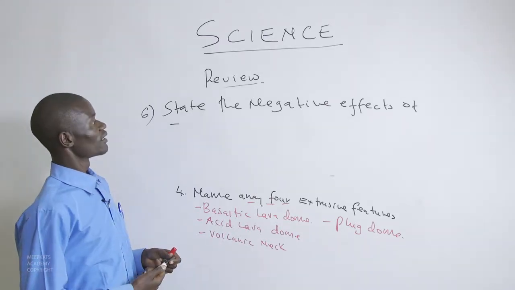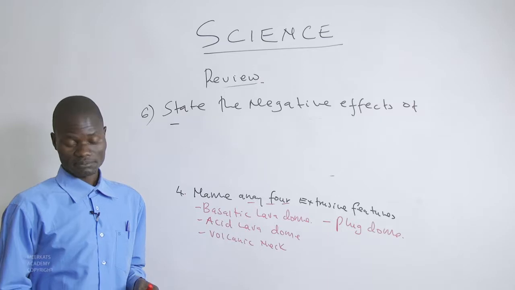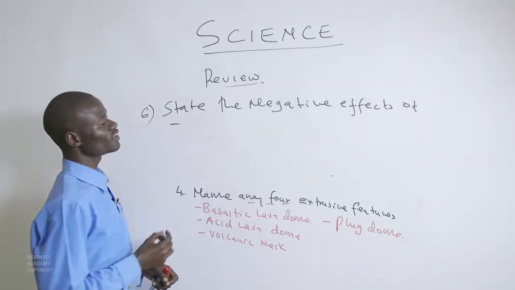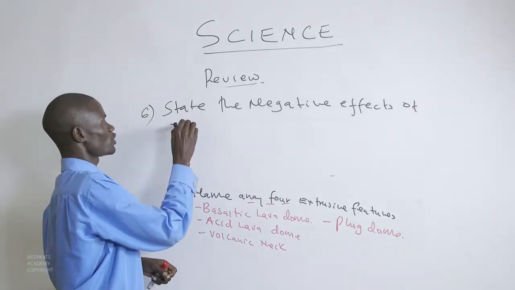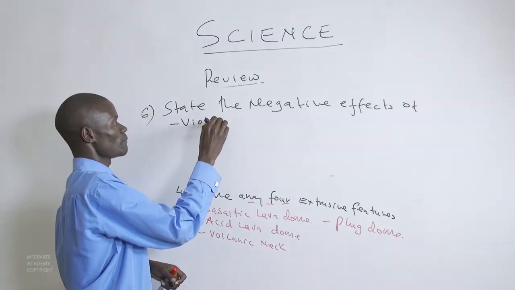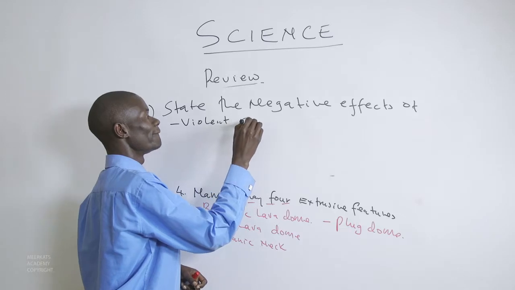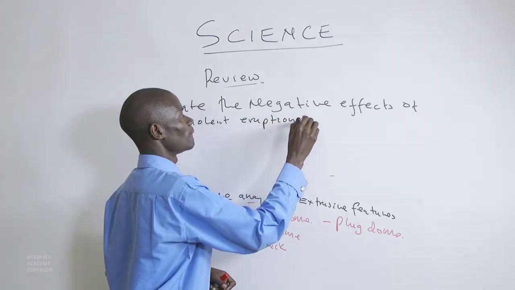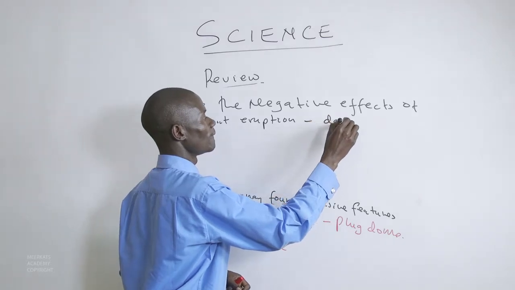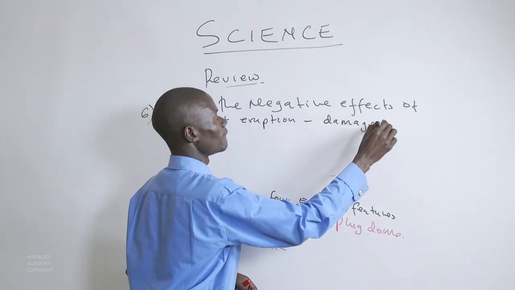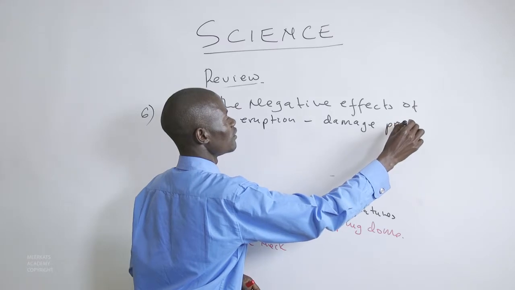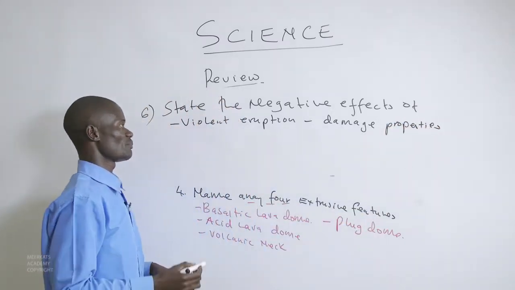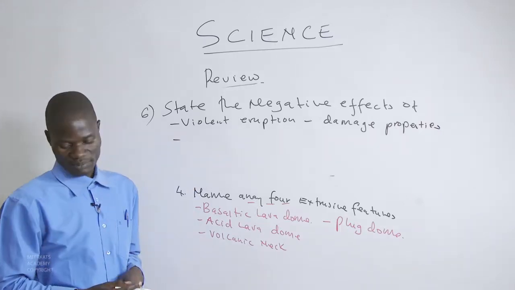We can give 3. We have been able to discover that violent eruption leads to the damage of property, the damage of properties on the physical environment.